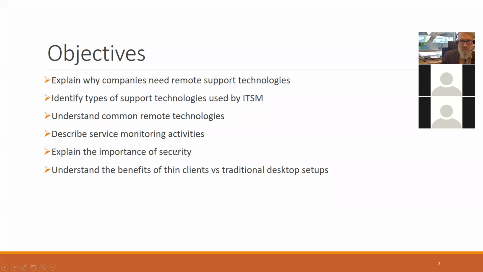Especially the more distributed your systems are, with a very different geographical dispersion of people and equipment, you've got all kinds of opportunities for security issues, and so we need to talk about that. Then we need to also discuss this technical term of thin clients, and how do we use thin clients, and why are they good and why are they not good? And so that's basically what this lesson is about.